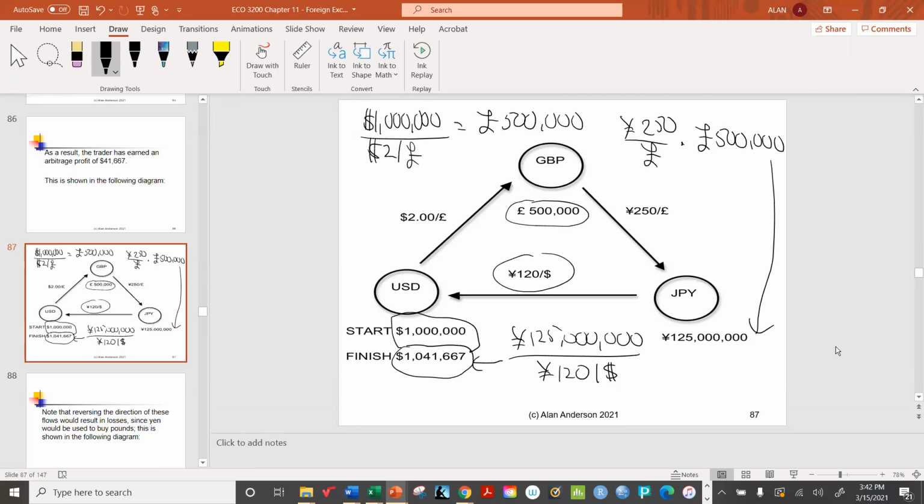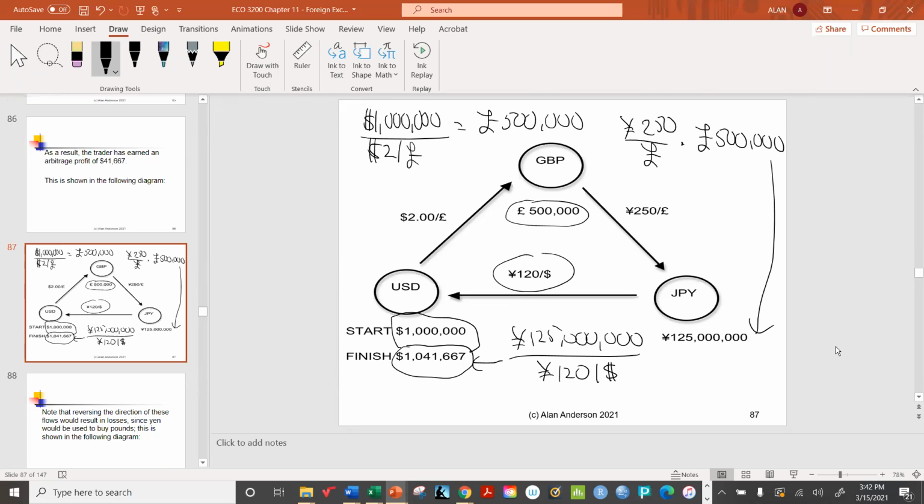Now, in the past, this would have required a bunch of phone calls. This trader did all of this from the console in front of him, where he punched in a bunch of buttons and bought and sold, and this all took place in a matter of seconds. All of a sudden, $1 million became worth $1,041,667.